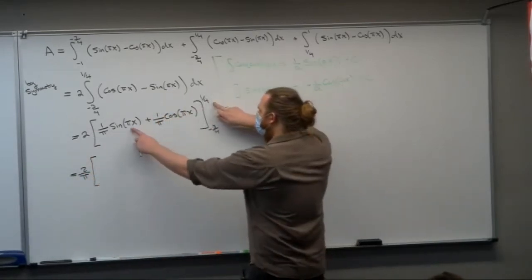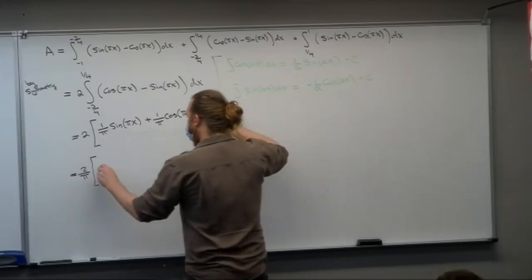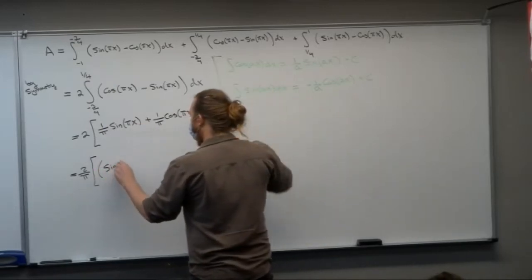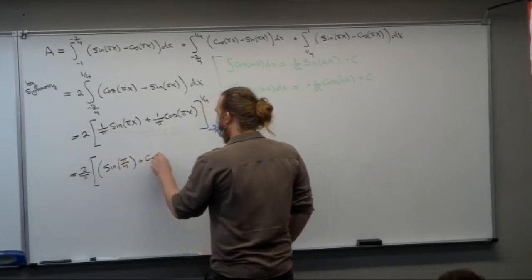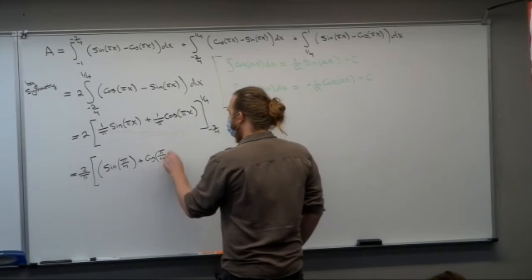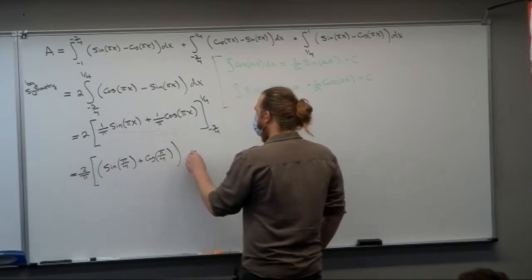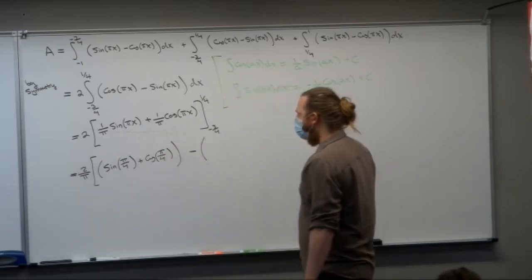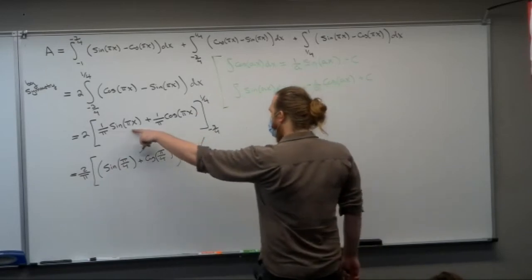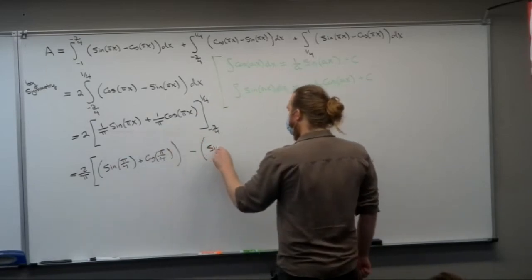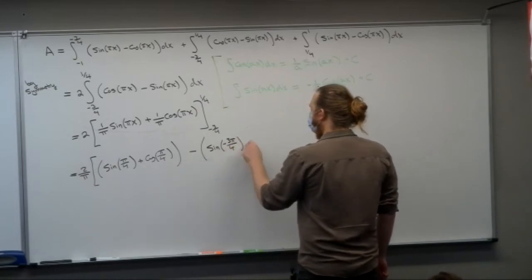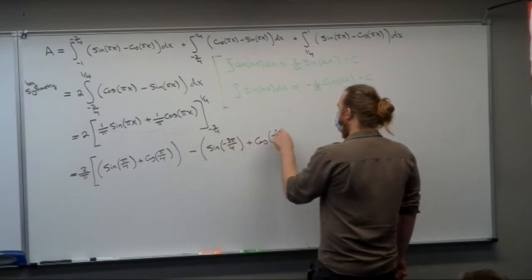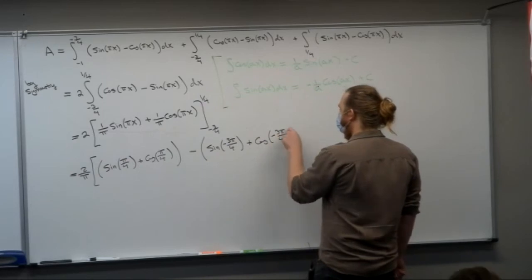I'll have sine of pi over 4 plus cos of pi over 4. And then I subtract what I get when I plug in my lower bound, which is the sine of negative 3 pi over 4 plus the cos of negative 3 pi over 4.